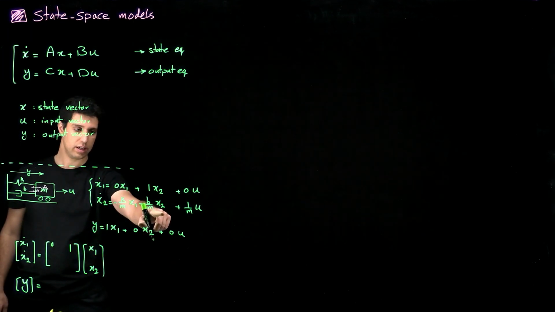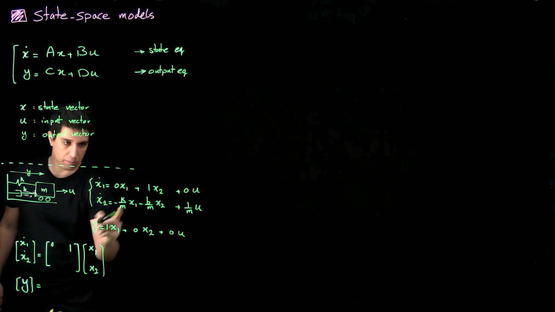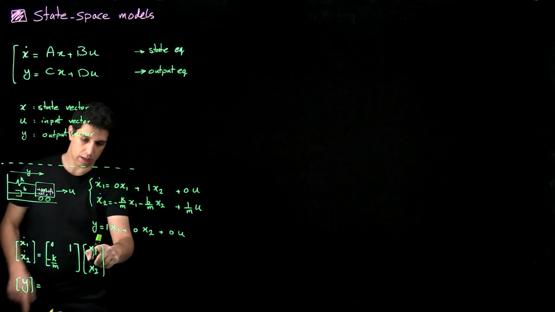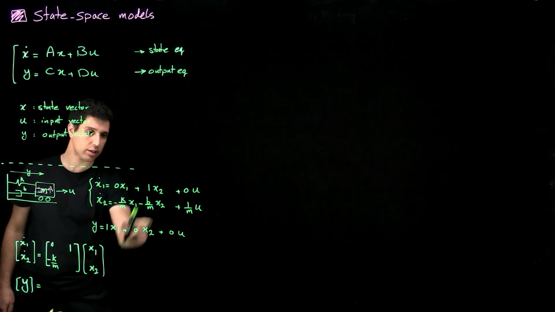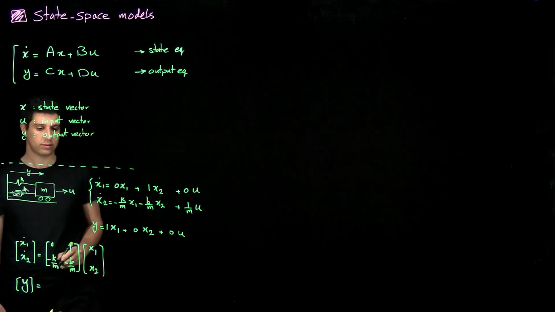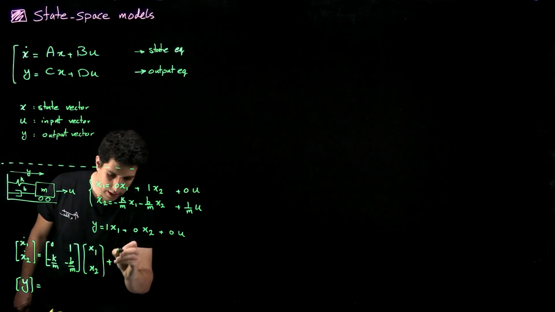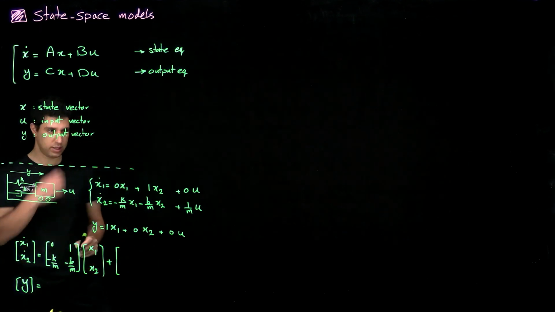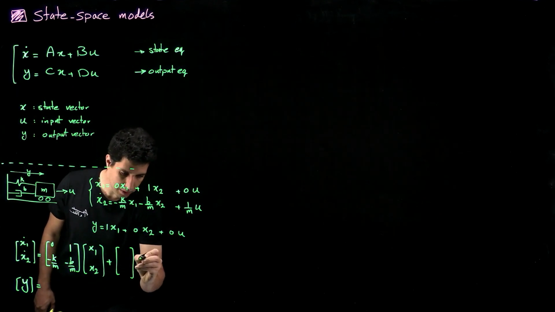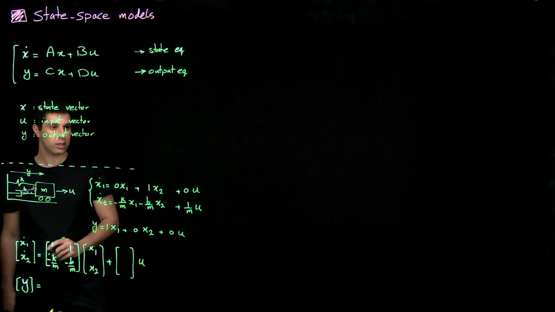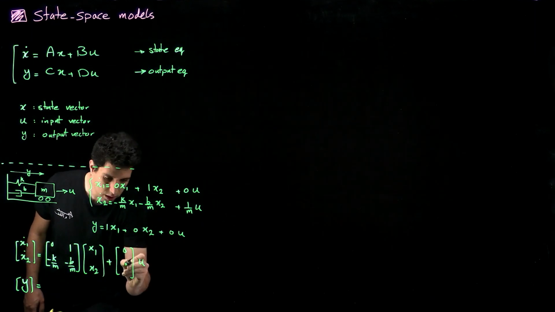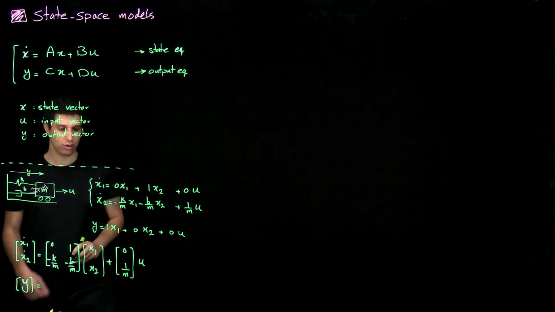On the bottom one, I have minus k over m times x1 plus something x2, which is minus b over m. And let's complete this. So I have 0. Well, it is going to be multiplied by just a scalar u. So I have 0u, and on the second one, 1 over m u.